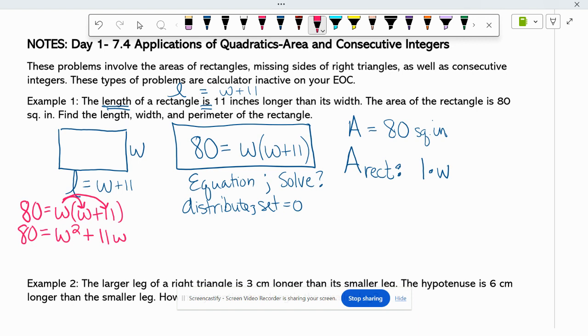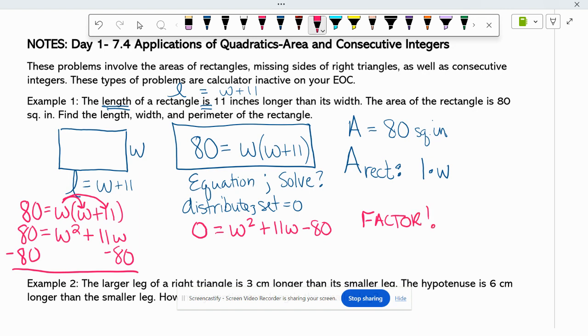What do I have to subtract from both sides? I have to subtract 80 from both sides. So when I do that, I have 0 equals W squared plus 11W minus 80. This is what I'm going to factor.